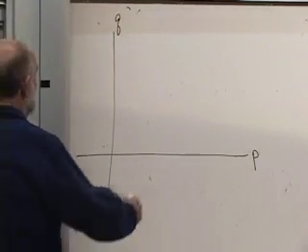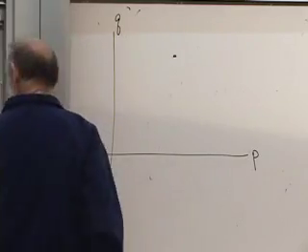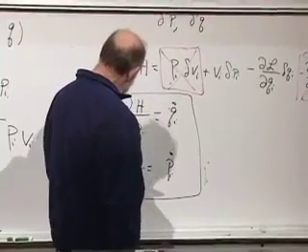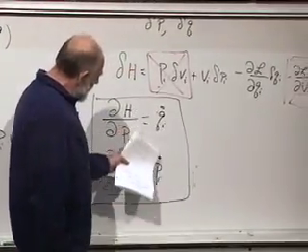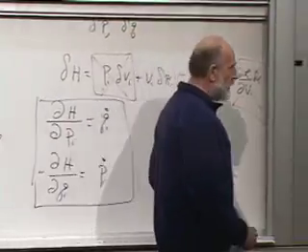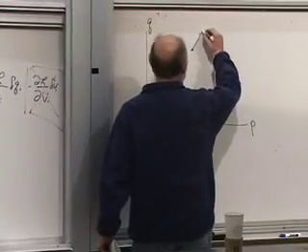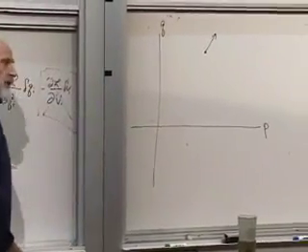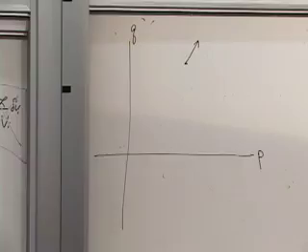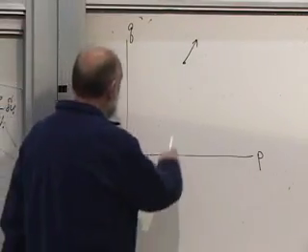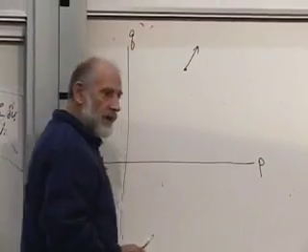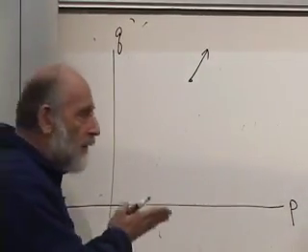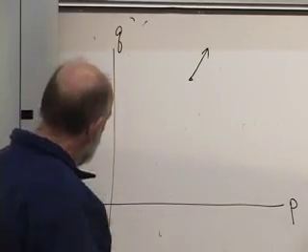At every point, I could calculate dH/dp and dH/dq and tell you exactly what q dot and p dot are. That defines a kind of velocity vector through the phase space. Not an ordinary velocity, but a phase space velocity. Let's draw that phase space velocity as an arrow. It's showing which way that point is moving in the phase space. And the length of the arrow we can take to represent how fast you're moving through the phase space.